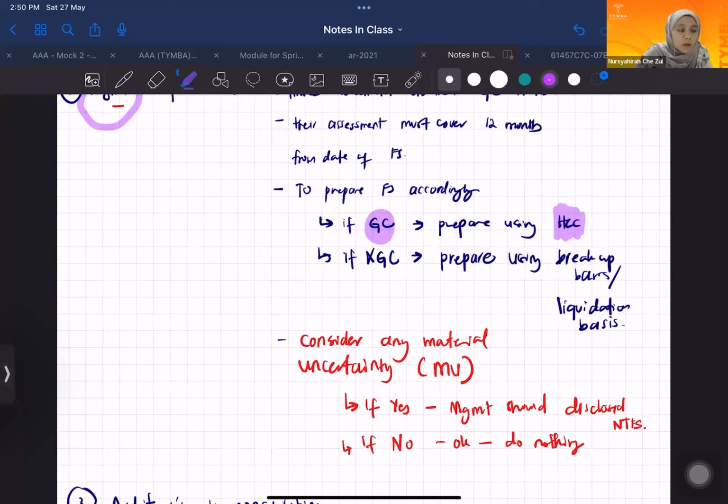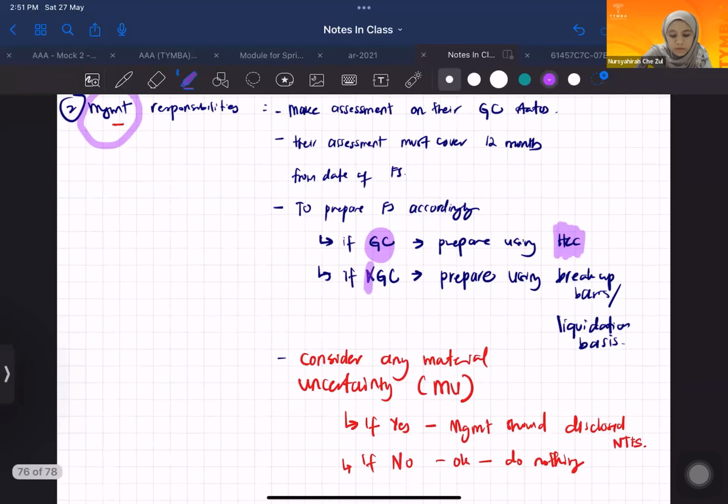There will be non-current asset, non-current liability, current asset, current liability, as usual. If management thought that my company is no longer going concern, we have some difficulties, I think in 6 months we are going to go bankrupt, then management should prepare FS accordingly, which is to use breakup basis, or another name is liquidation basis.